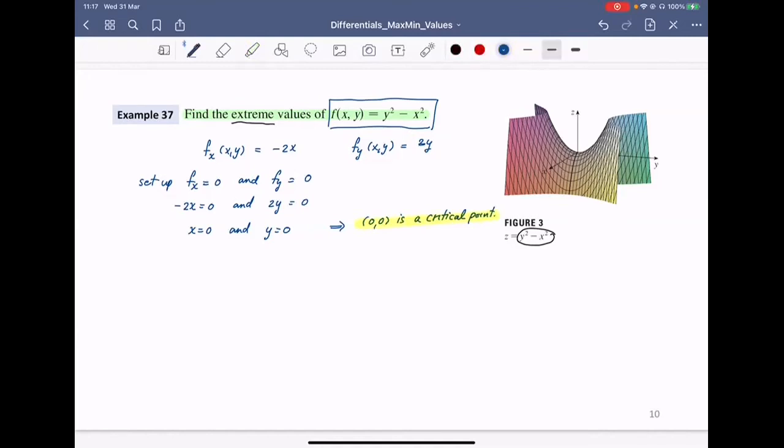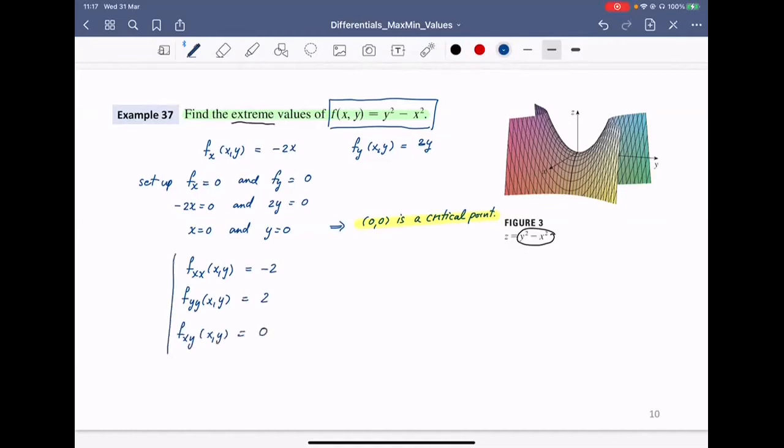The next step is to do the second derivative test for this. Let's compute the second derivatives first. f double prime xx is going to be negative 2, fyy here is going to be 2, and fxy is going to be 0.